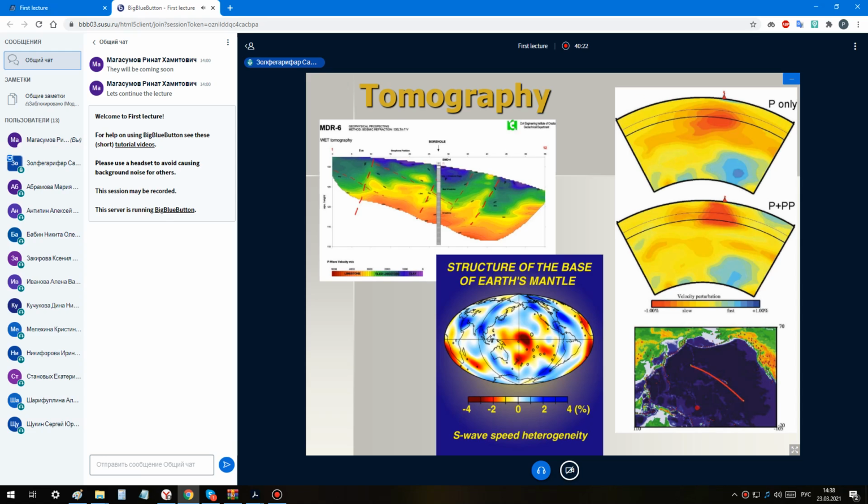Also another tomography, color contouring as S wave speed, heterogeneity, or a structure of the base of Earth's mantle.